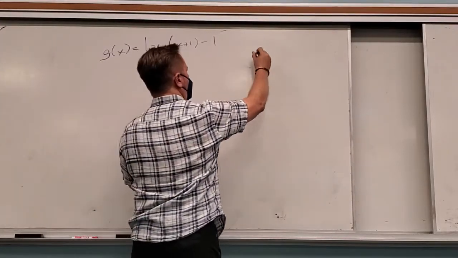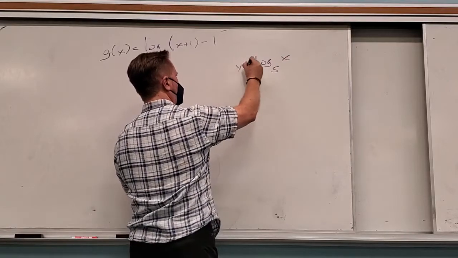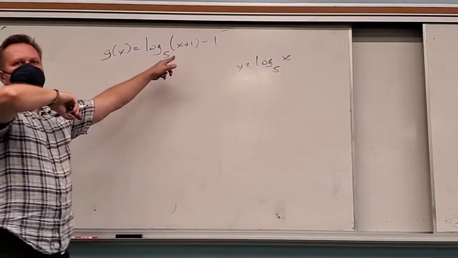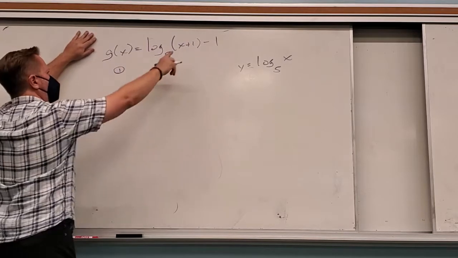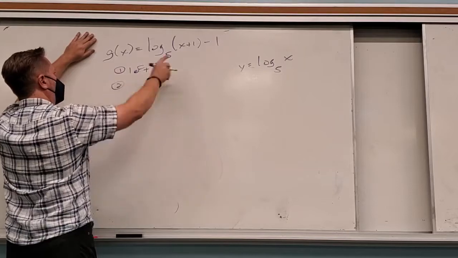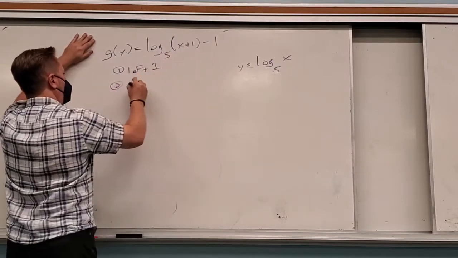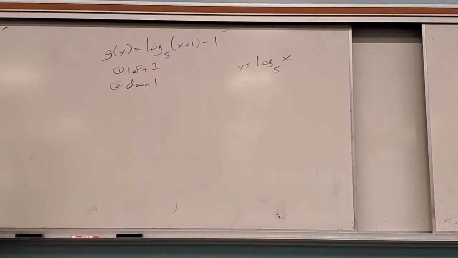So we have to know what this looks like. Because what are the transformations up here? Left 1. Down 1. I can't do these unless I know what the base function looks like.